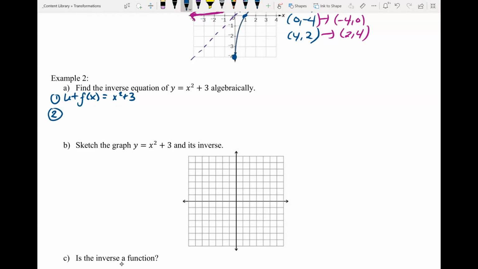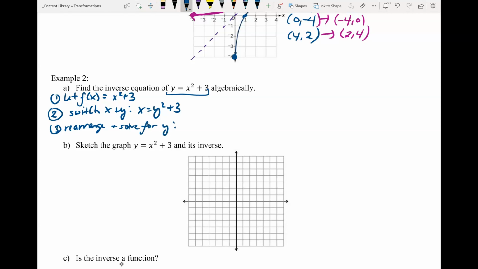Second thing we're going to do is rearrange this equation here, and we're going to switch our x and y values. So instead of y equals x squared plus 3, I'm going to have x is equal to y squared plus 3. Now we're going to rearrange and solve for y.